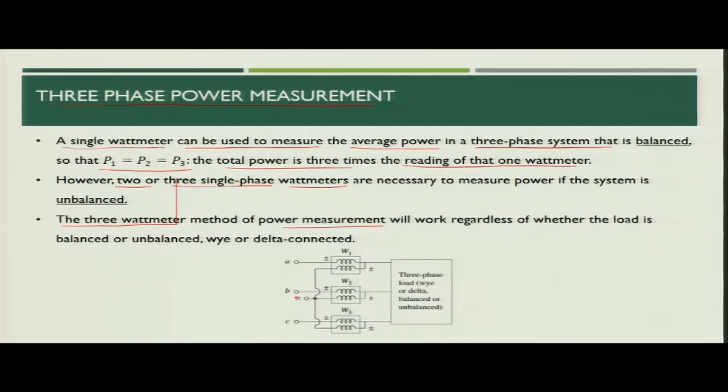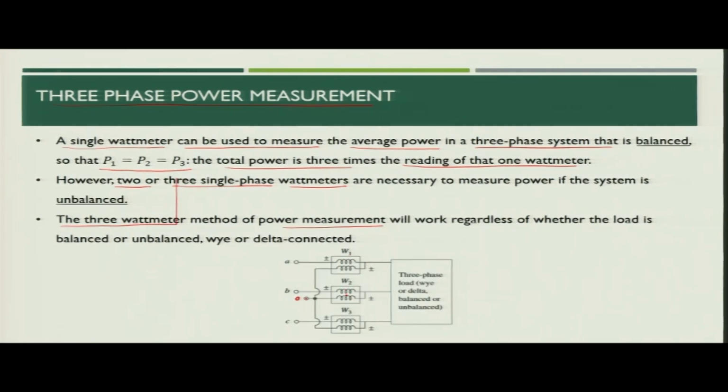So, parallel means O is neutral, or you can consider any line through which we are able to find out the potential difference between A and O. So, VAO will be the voltage which will be given by the potential coil, and we will get the power, that is W1, from the meter W1.